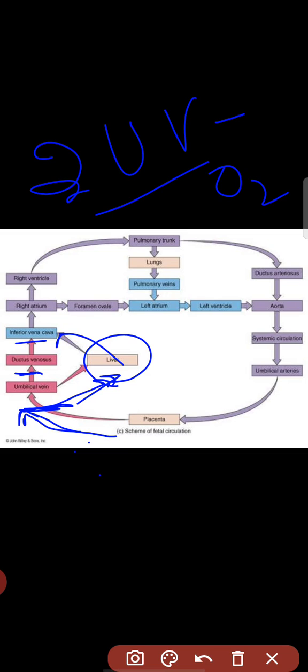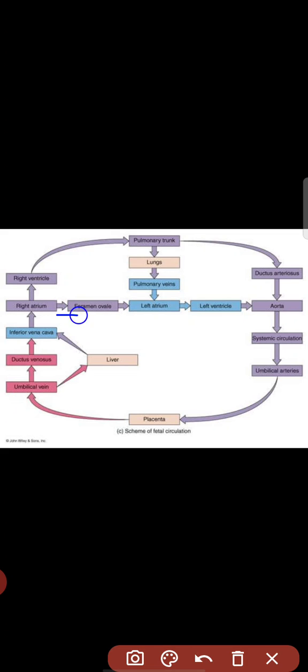Through the inferior vena cava, as is normal, the blood opens into the right atrium and reaches the right atrium. But in the right atrium there is an opening between the right and left atrium. Because the fetal heart is not fully functional, most of the blood from the right atrium goes into the left atrium, and some of the blood goes into the right ventricle.